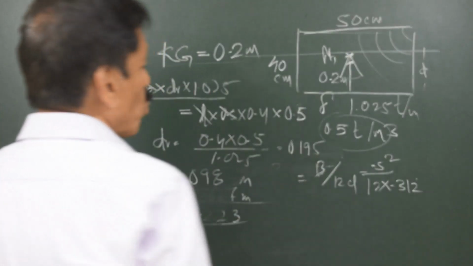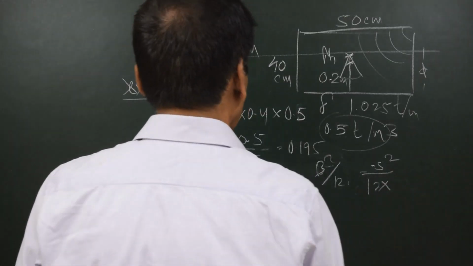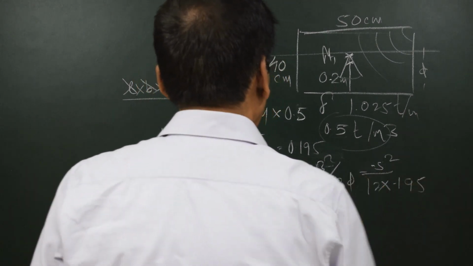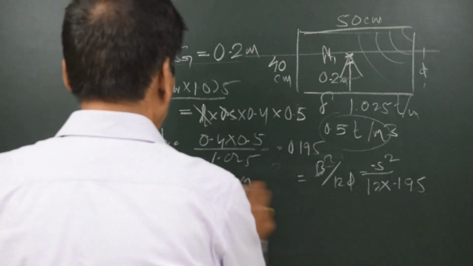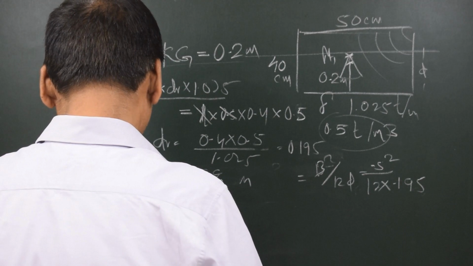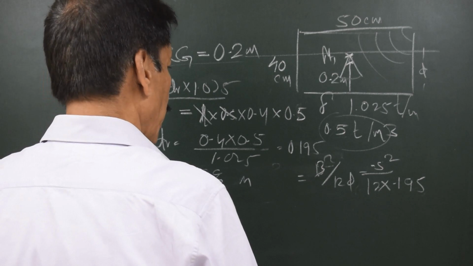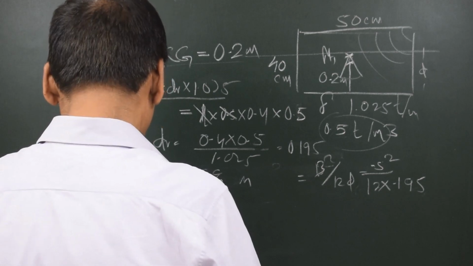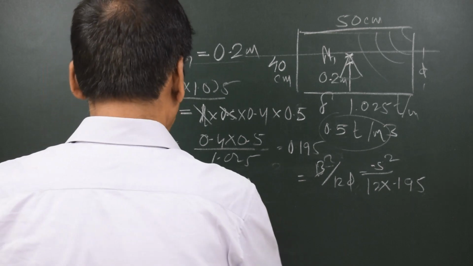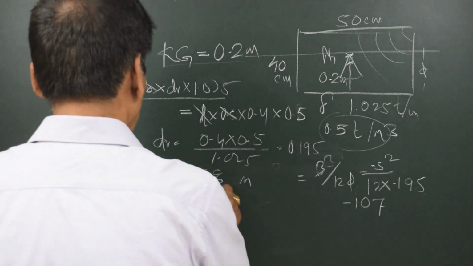BM transverse will be B square upon 12D, and in this case the draft is 0.195. So that gives me the BM transverse as 0.5 into 0.5 divided by 12 divided by 0.195. That gives me 0.107.